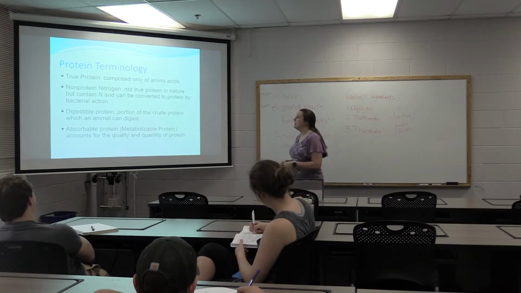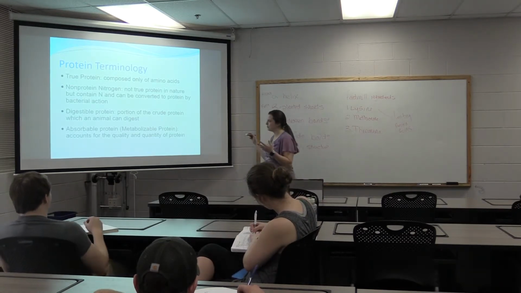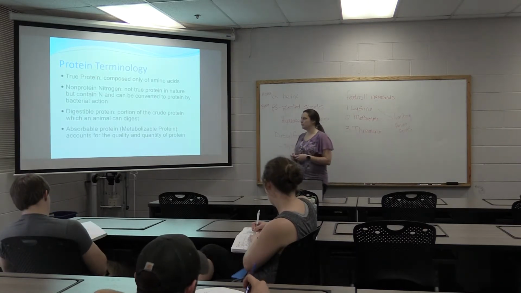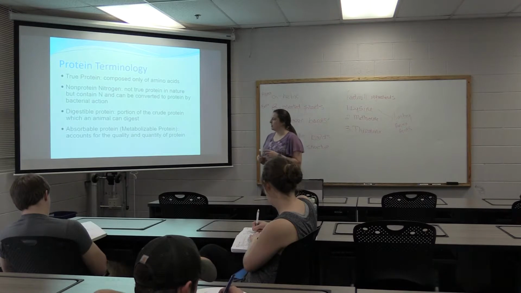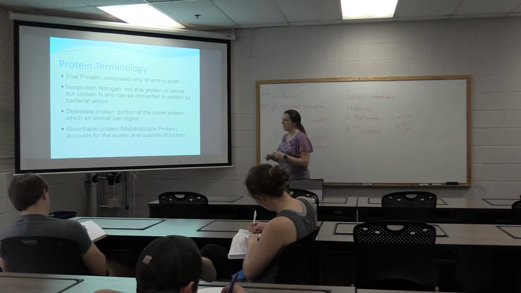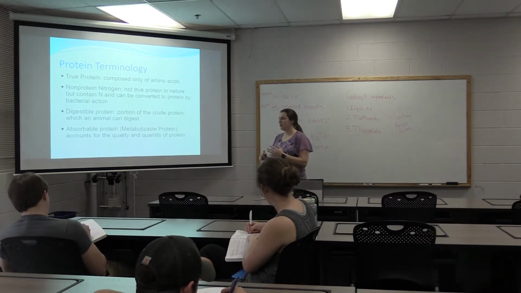We have LECOs now. And then you have absorbable protein, also known as metabolizable protein. This accounts for the quality and the quantity of the protein, and is accounting for more of what the animal has utilized.